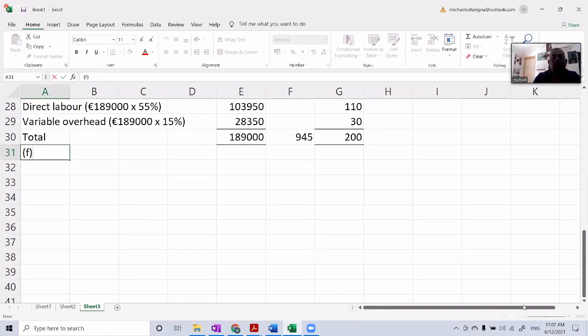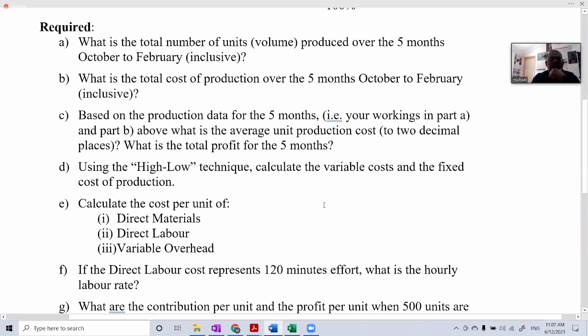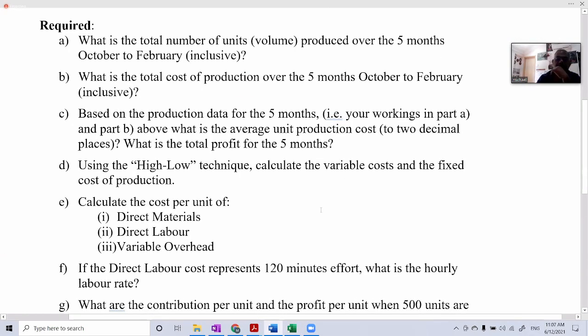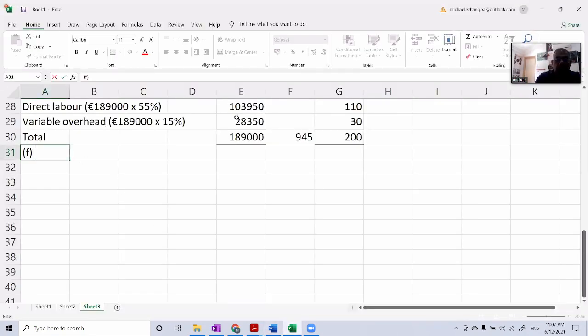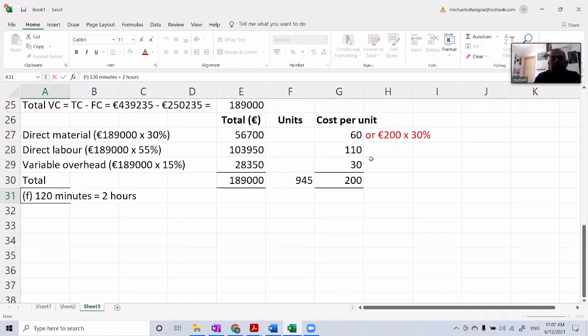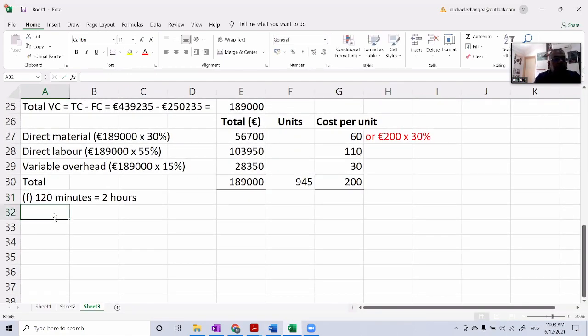Okay, now if you go to F: if the direct labor cost represents 120 minutes of effort, what is the hourly labor rate? Well, it's very simple actually. 120 minutes equals 2 hours. So direct labor is 110.